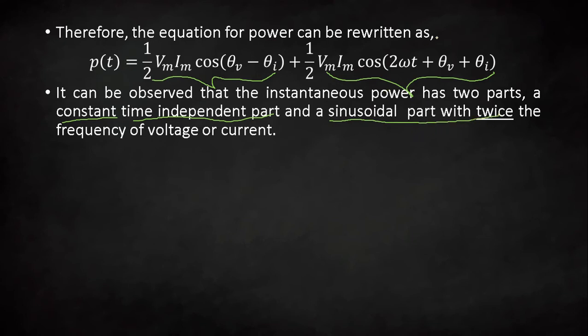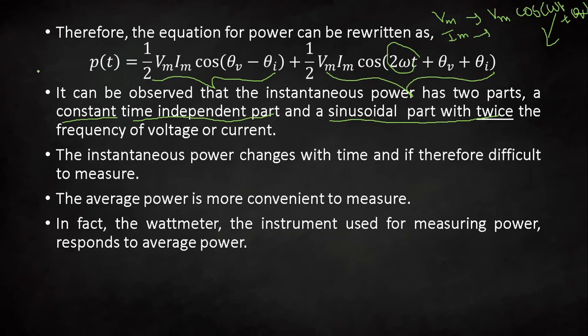If we look at our initial voltage and current signals, voltage is Vm cos (omega t plus theta v). Same for current, it is Im cos (omega t plus theta I). Here the frequency is omega only, but in case of power, it is 2 omega t. So the frequency will be twice in case of power.